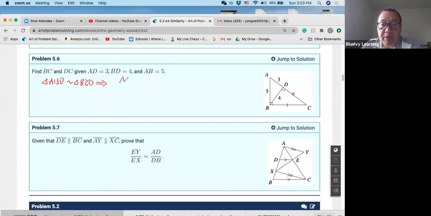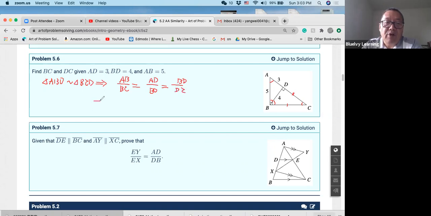So first, AB, this is the hypotenuse, over BC will equal, since this angle equals this angle, AD over BD, which also equals BD over DC.